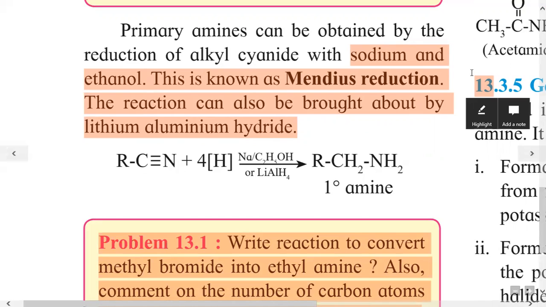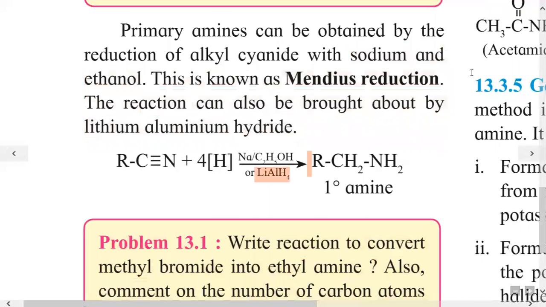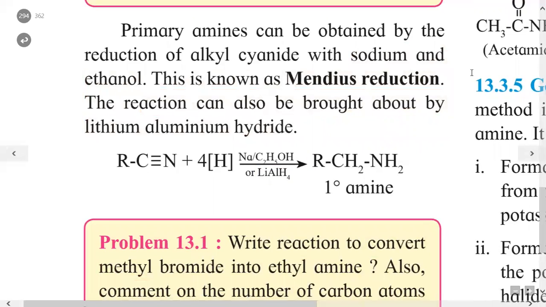Mendius reduction. The reaction can also be brought about by using LiAlH4, that is, lithium aluminium hydride. The general equation is R-C triple bond N, alkyl cyanide or alkane nitrile.